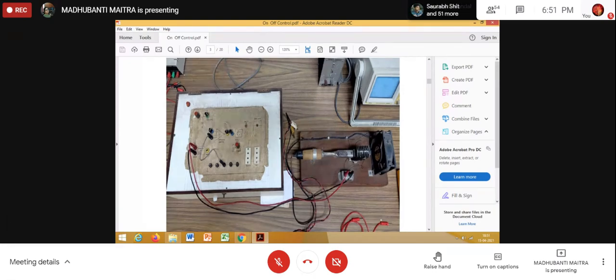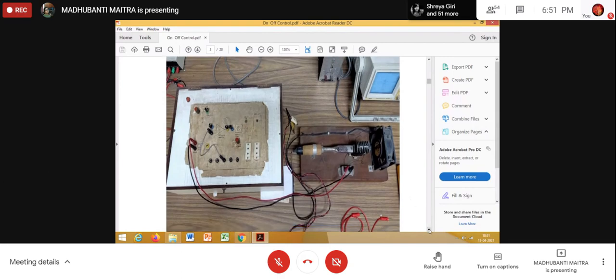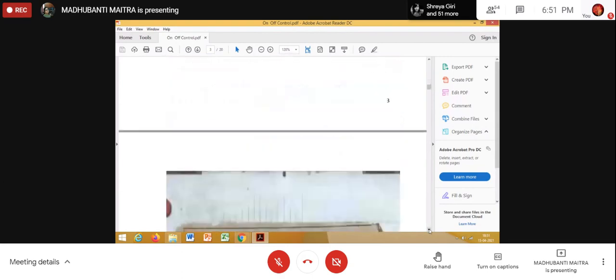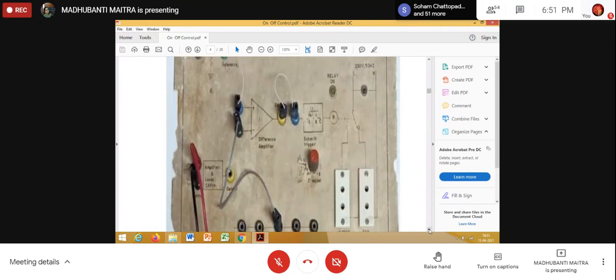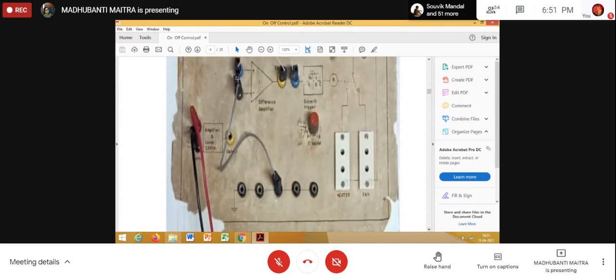Now the sensor will sense the temperature of the plant, and the signal is being carried over here. Right, I guess you'll be able to see this.